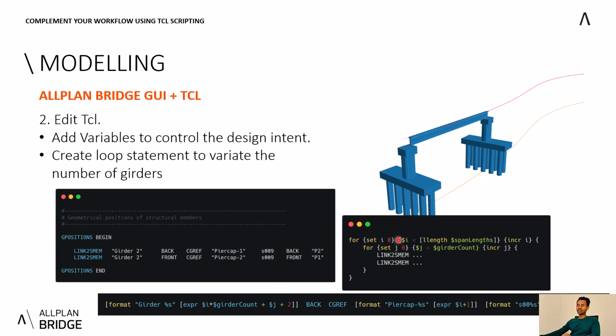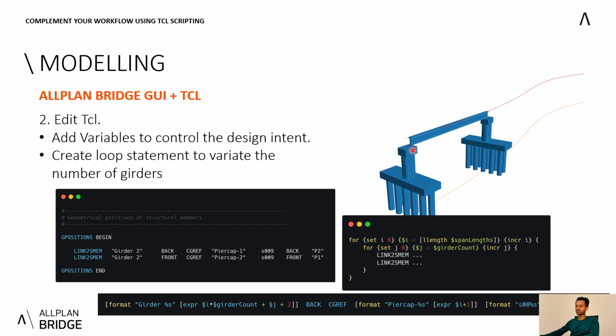For that we also need to be careful, because we have a set of girders. For each span we have 8 girders, and we have 3 spans, so in total we have 24 girders. Each girder should be placed at the right span with the right position, transversally and longitudinally. For that we created a for loop statement, which is a nested loop. One concerns each span: inside each span we have 8 placements.